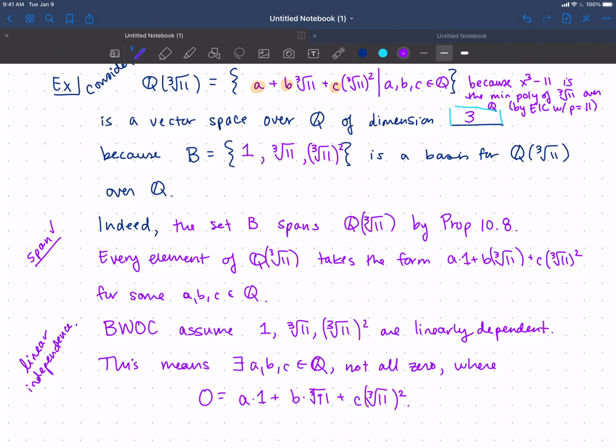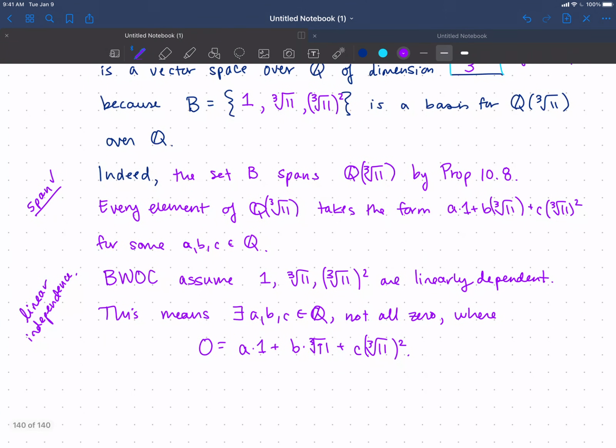Now, in a proof by contradiction, the challenge is to figure out what it is that you're actually contradicting. And in this case, what we might be able to contradict is that the degree of the minimum polynomial is 3. We might say, if they're linearly dependent, maybe we can build a polynomial of smaller degree, like degree 2, 1, or 0, for which cube root of 11 is a root. And that would be a contradiction. So that's what we're going to try to do.